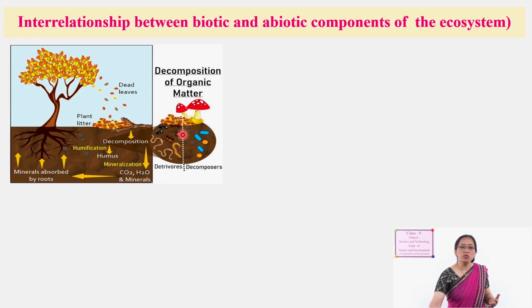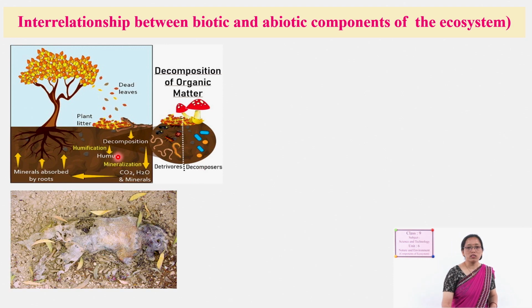This is mushroom, then there are Rhizopus and Mucor, those fungi, and bacteria and earthworms. They decompose these organic matters, either dead plant parts or dead animal parts, and it mixes into the soil in the form of humus, which contains a rich amount of minerals. Similarly, it releases carbon dioxide that forms the physical component. In this way, they are interrelated with each other.